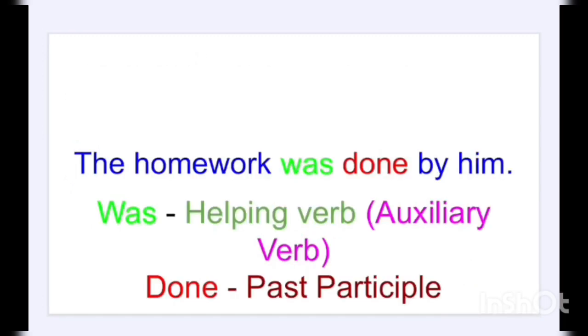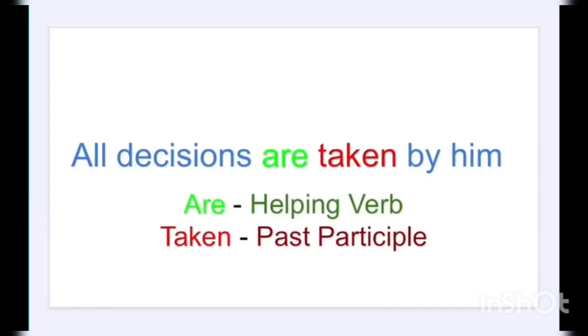Example, the homework was done by him. Was is the helping verb, that is auxiliary verb, and done is past participle. All decisions are taken by him. Are is a helping verb and taken is a past participle.